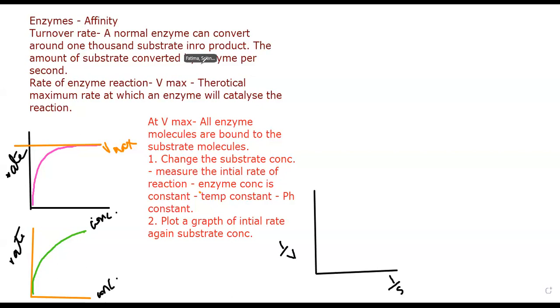So I take my 1 upon V and 1 upon S. The better option is to plot a graph of 1 upon V against 1 upon S. And this type of graph is known as the double reciprocal graph, because I'm taking two reciprocals, right?